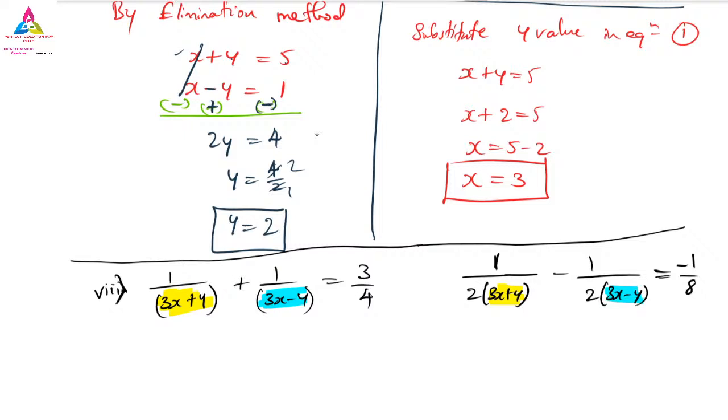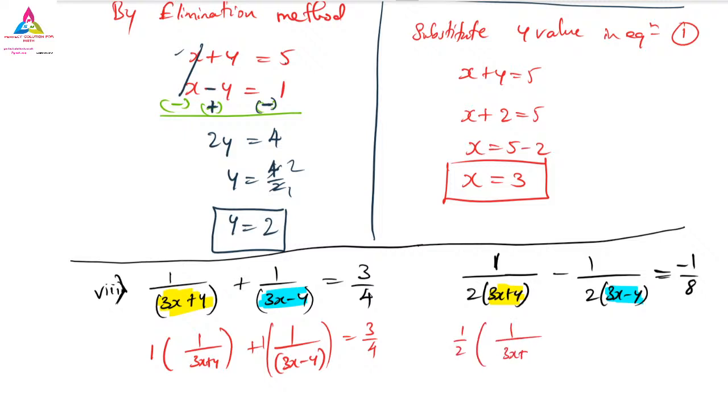So the equation will be 1 divided by 3x plus y, and 1 divided by 3x minus y, equal to 3 by 4. The 1 is common outside. Similarly, 1 by 2 will come outside with 1 divided by 3x plus y, and on the other hand 1 by 2 will remain with 1 divided by 3x minus y, that is equal to minus 1 by 8.